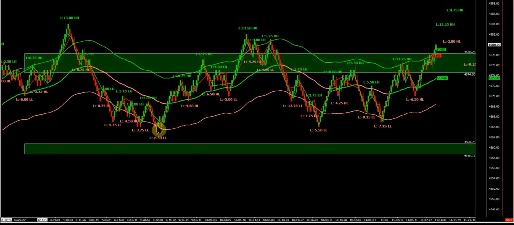However, if you're taking more trades, your commission cost is going to add up. So you might not want to do that. If it comes back and closes below that, you might not want to. Okay, so that's one way to play it.